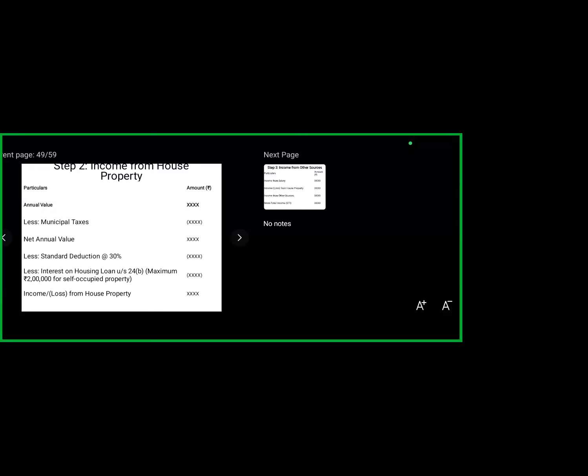and interest on housing loan under Section 24B, maximum of 2 lakhs for self-occupied house property. And if it is self-occupied house property, when we are considering a maximum of 2 lakhs in terms of deduction, then net annual value is 0, deduction is 0, and minus 2 lakhs.